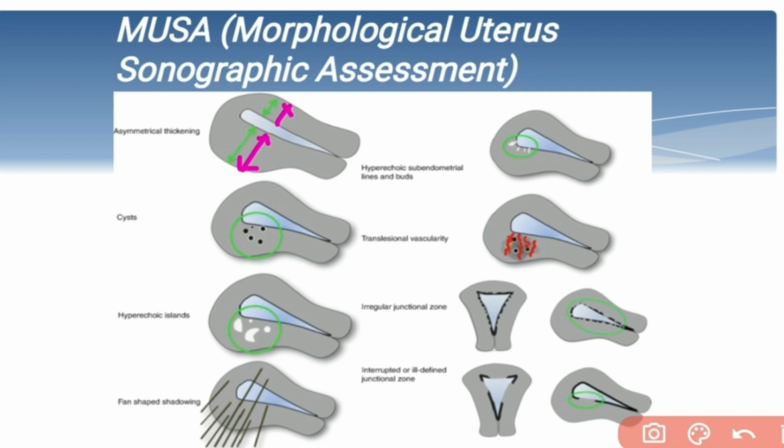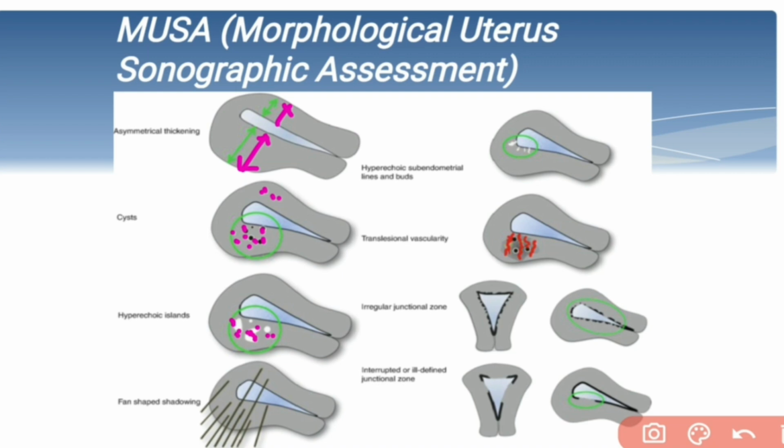Second criteria is the presence of myometrial cyst, a collection of fluid in the myometrium, that is known as a cyst. Then third criteria is hyperechoic islands. There may be hyperechogenic structures, adenomyotic foci, in the myometrium.